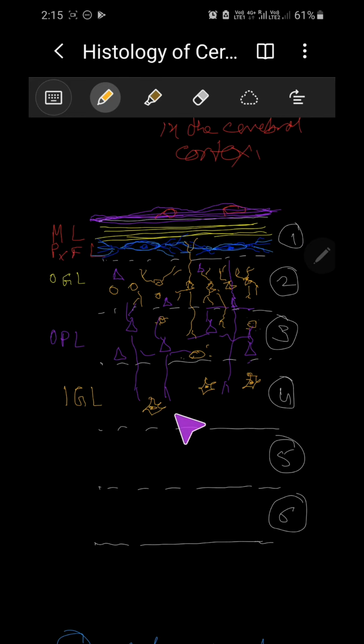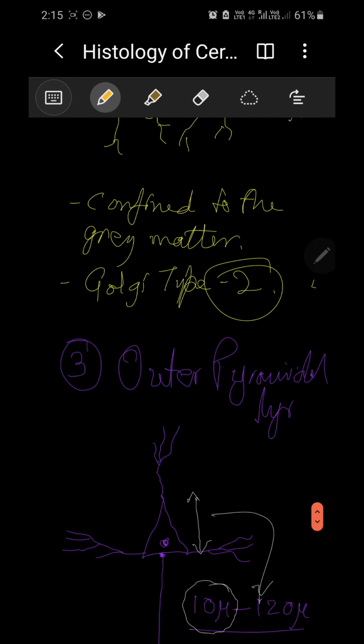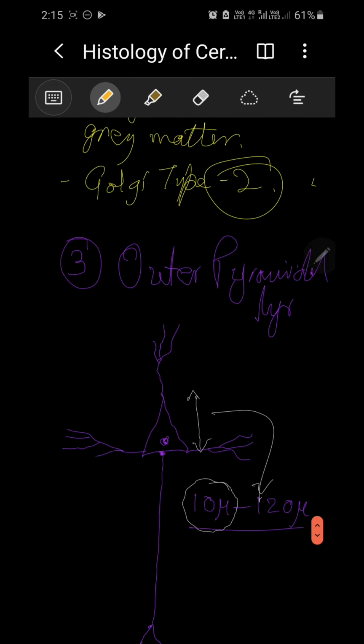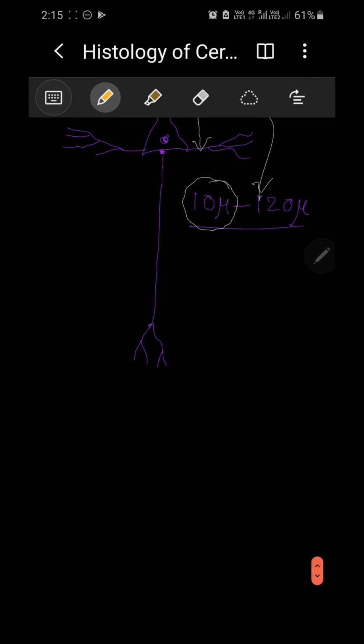Now you can better call it stellate cells because the size has become a little bigger, and because of the bigger size, you can even appreciate their stellate shape. And again they have these dendrites giving out radially.